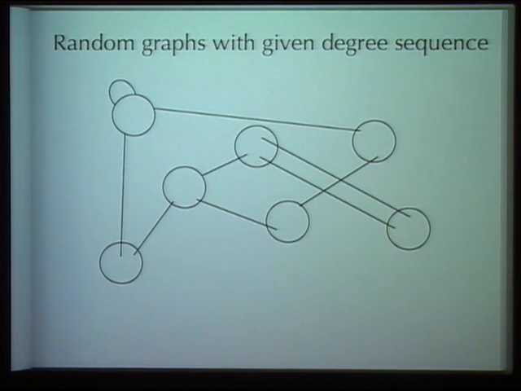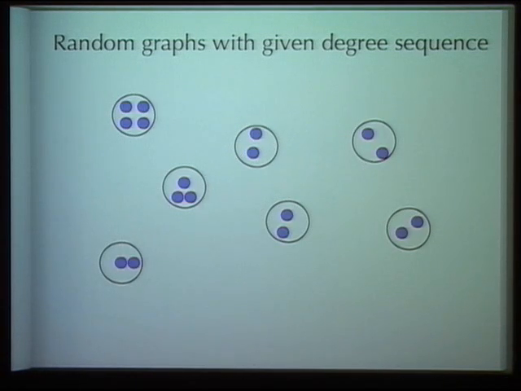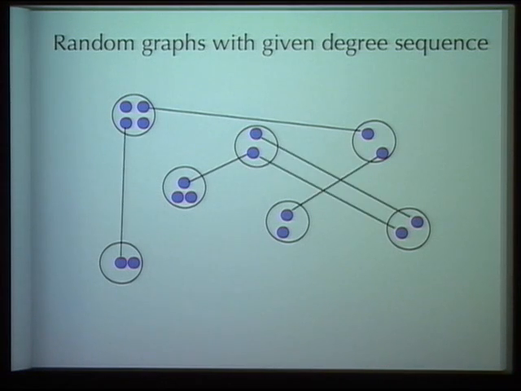And this is how we can get both self-loops and multiple edges. Now, one particularly nice feature is that we can select this matching edge by edge, micro edge by micro edge. We can do this in sequence. So this is our first choice, our second, and so on and so forth. And this turns out to be very helpful in terms of analyzing these graphs.